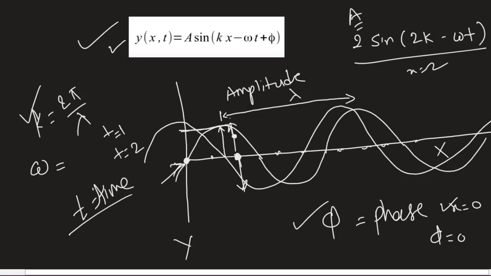But since we have shifted the wave by say 90 degrees, the y coordinate is showing as over here, which is equal to A. And that is what the phase constant is all about.